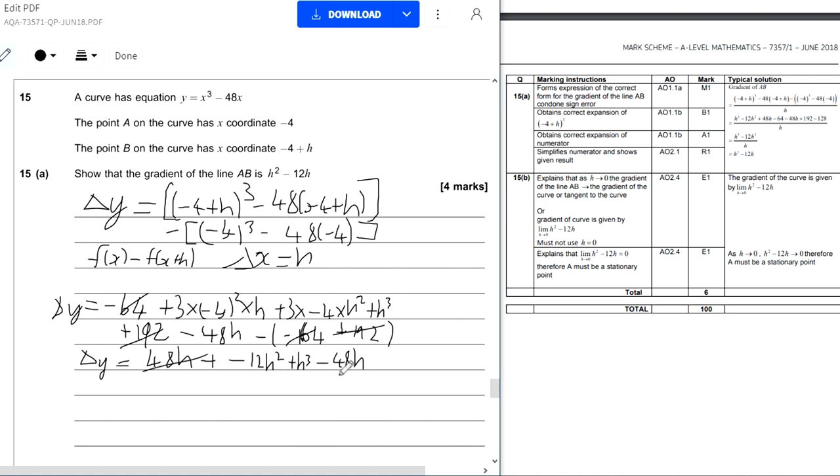So these are going to cancel. But remember, we're trying to find dy/dx. So we're going to divide through by dx, which is h. So we're just going to get h squared minus 12h, which is what we got.